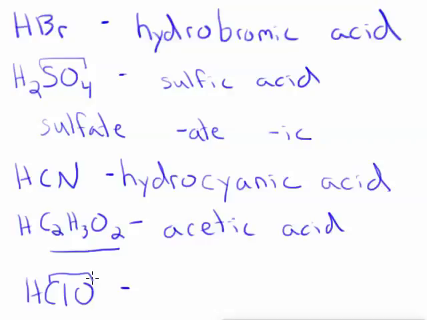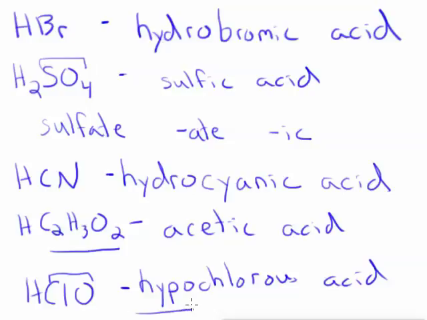So it's going to be hypochlorous acid. Don't confuse this with hydro. Hypo is part of the polyatomic ion name. It's not in reference to that hydrogen in front. But when you glance at this, you could be tricked into thinking that's hydro. So look carefully. Hypochlorous acid.